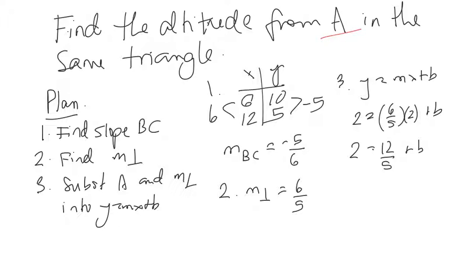And if I simplify that, I'm going to have 2 subtract 12 divided by 5 equals b, and I'm going to get negative 2/5 equals b. Not a super nice number, but that's okay.